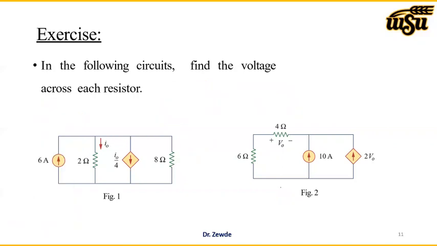So we're doing part B. In this case, let's start with this node. Let's label this node 1. Our goal is to write KCL at node 1.